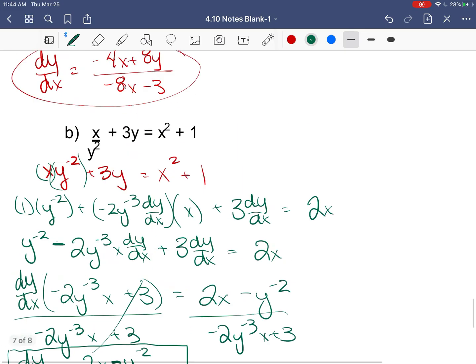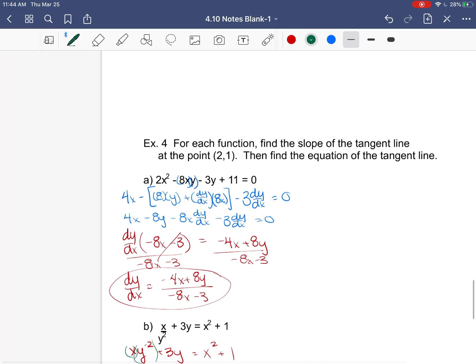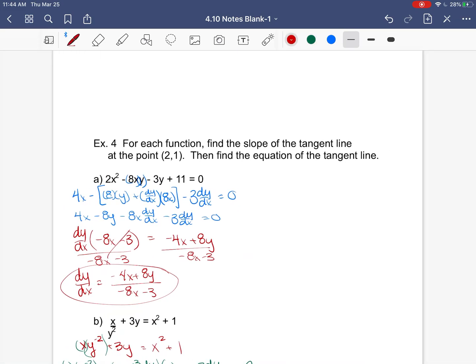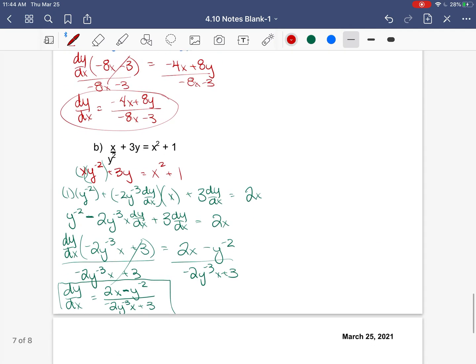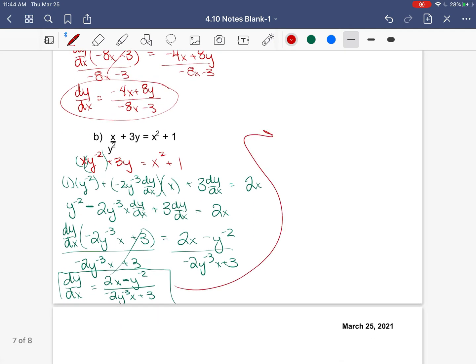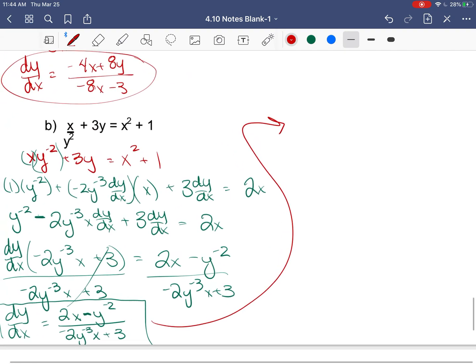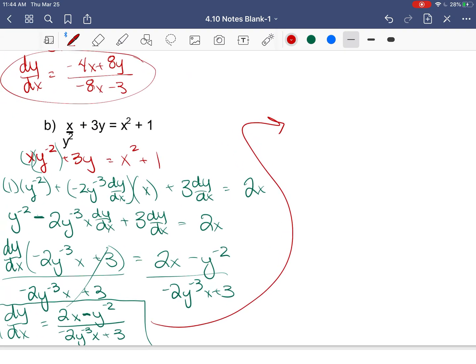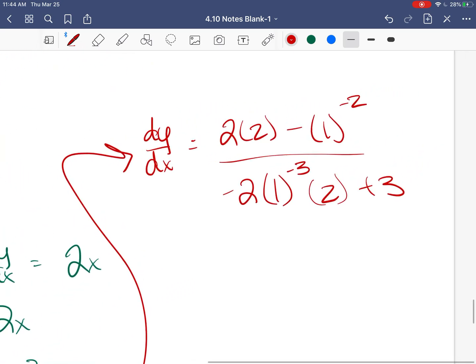And then I say because we haven't actually answered the question. We want to find the slope of the tangent line at (2, 1). So I'm just going to bring this back up. So we're doing it at (2, 1). 2 times 2 minus 1 to the negative 2 all over negative 2 times 1 to the negative 3 times 2 plus 3.